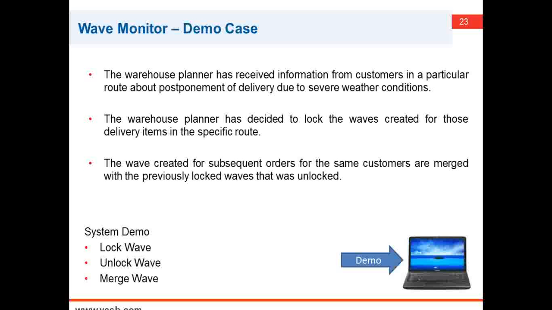And what that means within SAP, for instance, is if we had to lock a wave because our customer informed us that they need to postpone the delivery, we can lock that. Once that's locked, they're going to contact us. But at the same time, what SAP will do with the extended warehouse management functionality is that if this particular customer or route has orders that are due to be picked today, the waves can be automatically merged, which will optimize your warehouse.